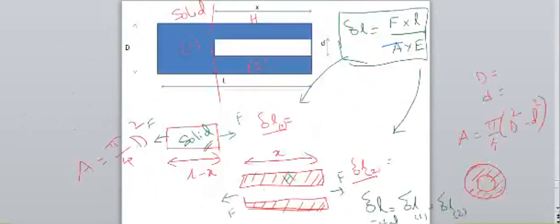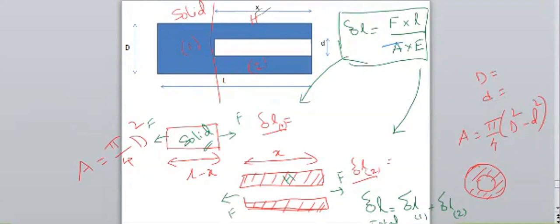Case 2: here again a hole is drilled to a certain depth. We don't know the length of the hole.